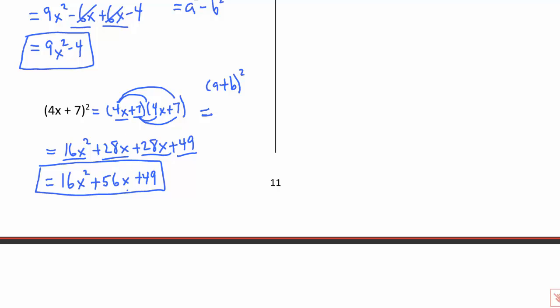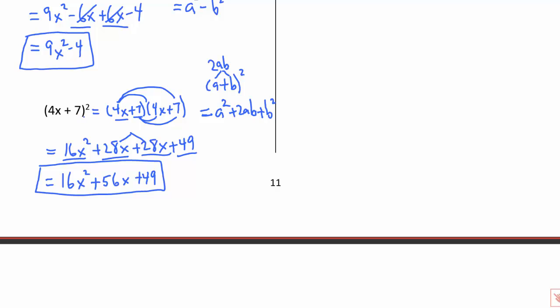Now the middle term: what I would do is take these two and multiply together. That gives you ab, and then you double it. So your middle term will always look like plus 2ab.